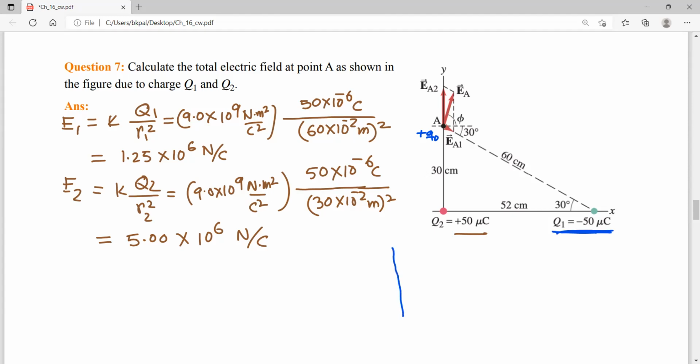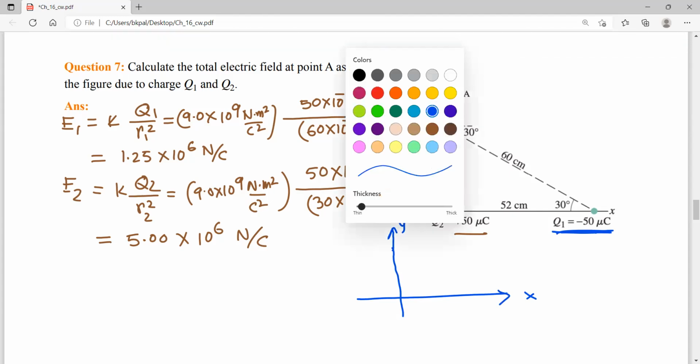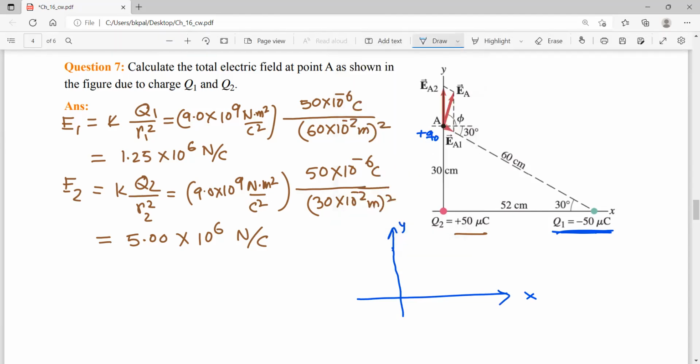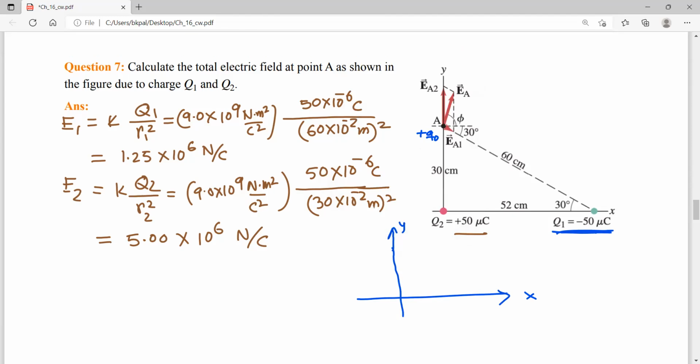This is our x-axis, this is our y-axis. For Q1 it will move in this direction, because Q0 is positive and Q1 is negative, they will attract each other. So the direction of E1 is this one.